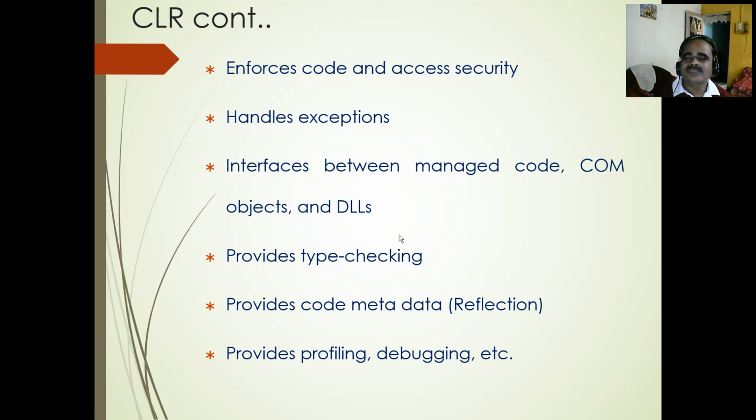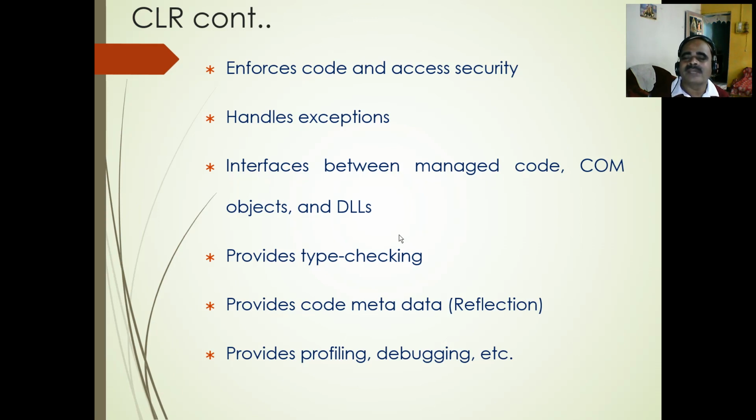One more thing to be done by the CLR is to make the interface between managed code, COM objects and DLLs. There are two types of code: unmanaged code and managed code. Managed code means code under the CLR.